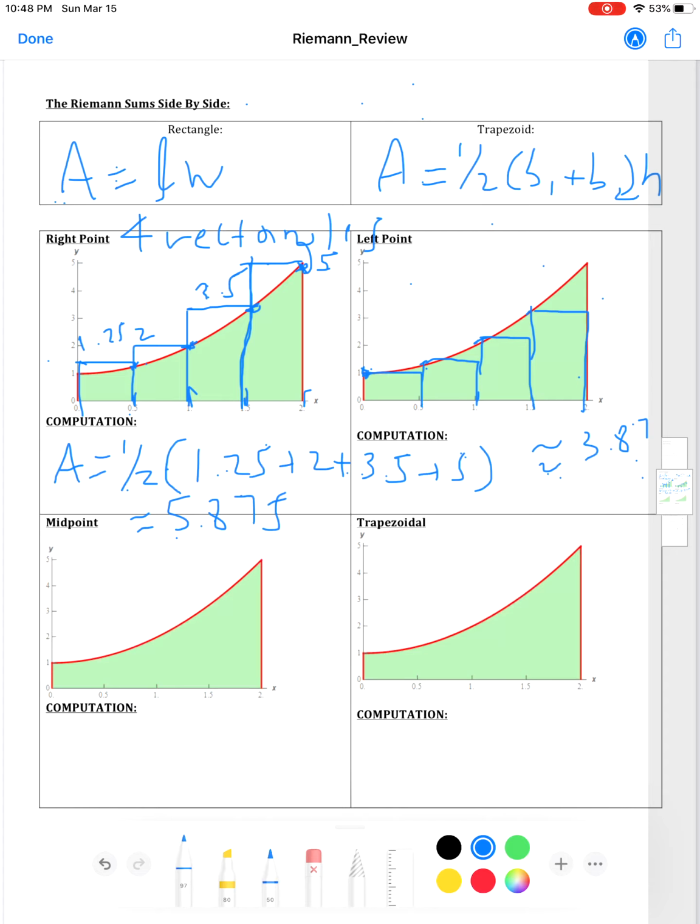Now, the midpoint is kind of a nice compromise. We can see here that we have overestimation with the right point, underestimation with the left point. So the midpoint is a really nice compromise. If I choose between 0 and 0.5, I'm going to choose neither. I'm going to choose 0.25's y value, and I like to draw a little dotted line there.